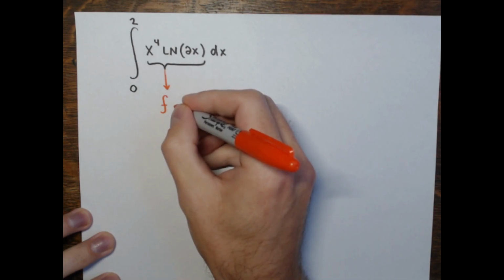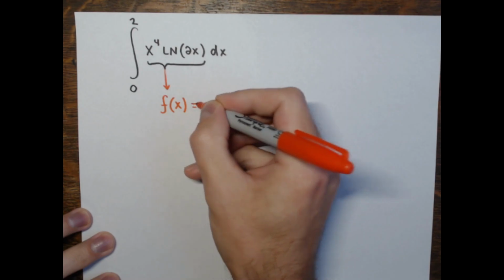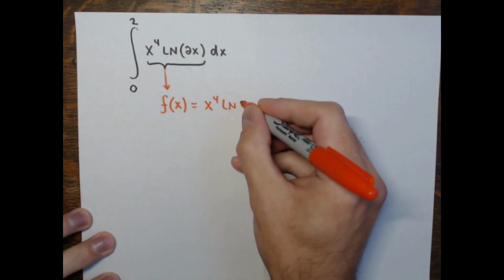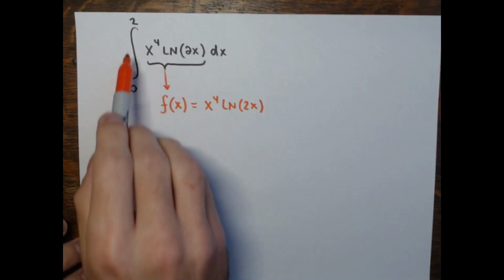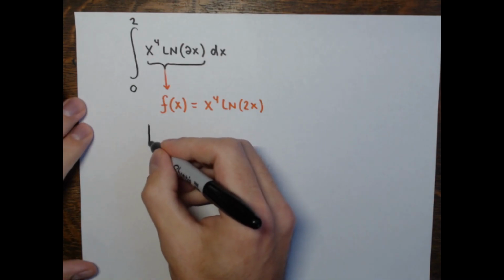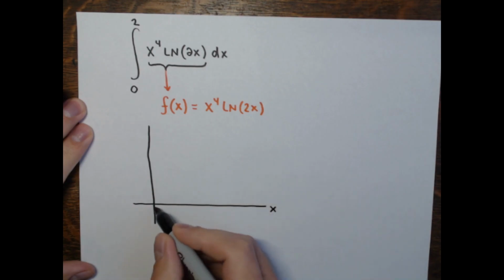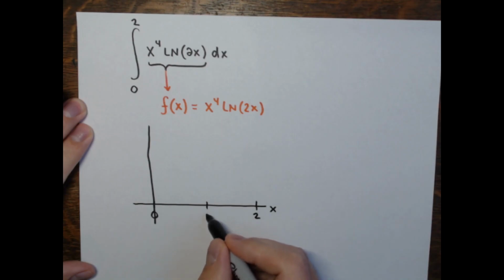And maybe we'll take a look at it in Desmos later for a better picture. But think of this as some function, right? F of x equals x to the 4th times the natural log of 2x. And I'm going to graph this over the interval from 0 to 2. And very rough. So from x equals 0 to x equals 2, I'll put 1 in here as well.